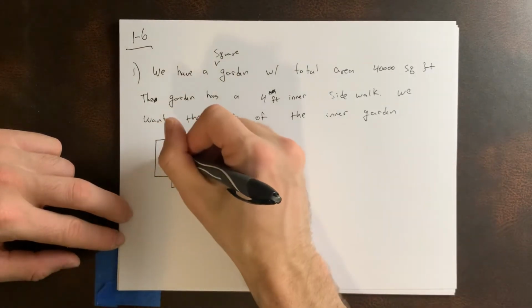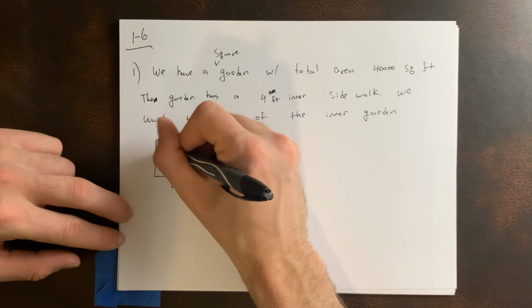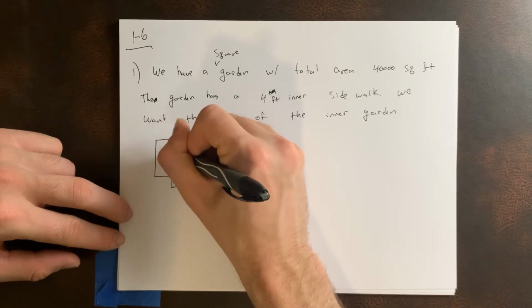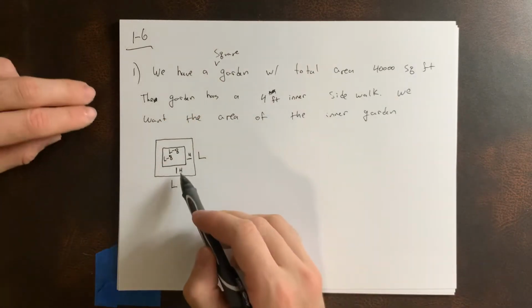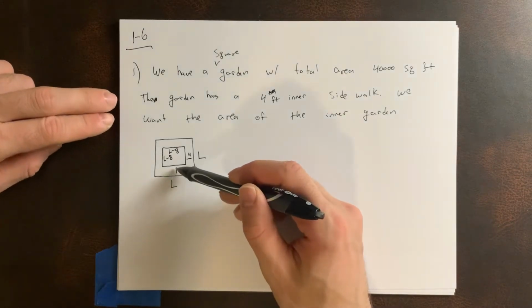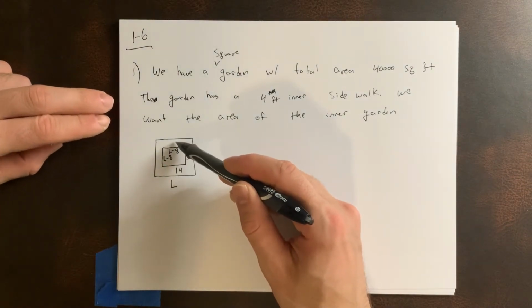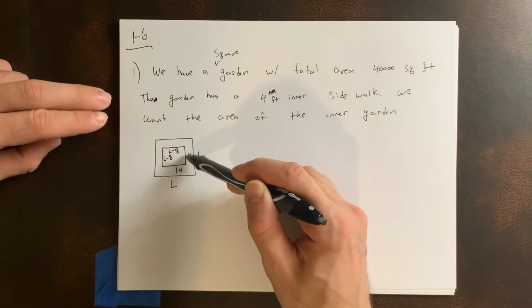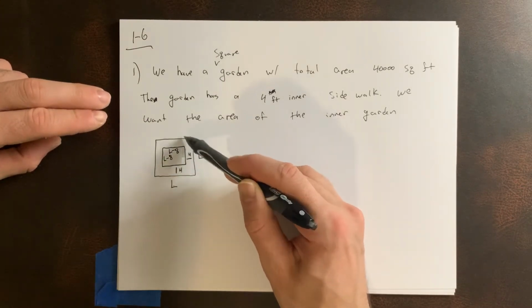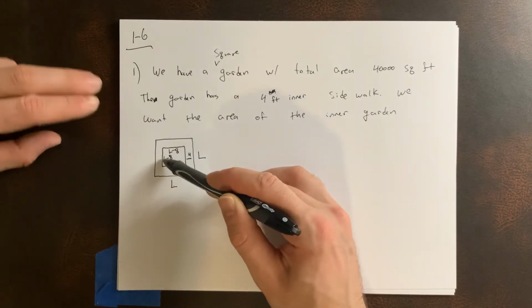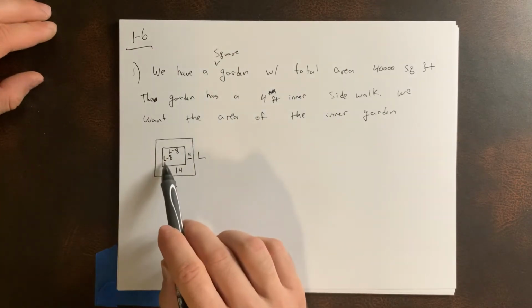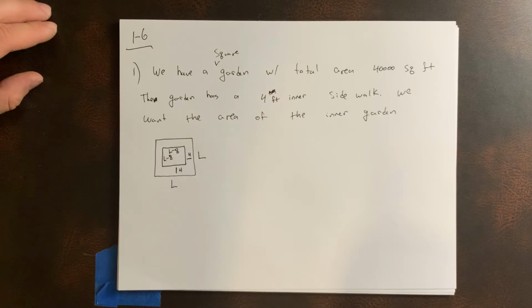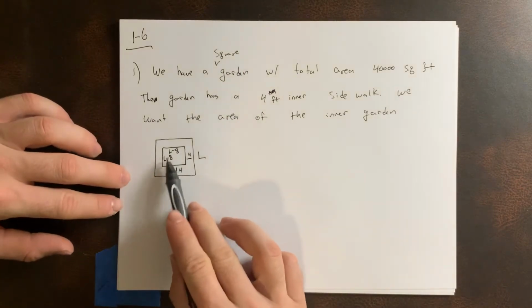And again, this inside piece is a square, so this side also needs to be L minus 8, because we have this 4-foot inner sidewalk. It goes 4 feet to here, 4 feet to here, so that's 8 feet total. So this inside square has sides L minus 8. We'll use this in a second.